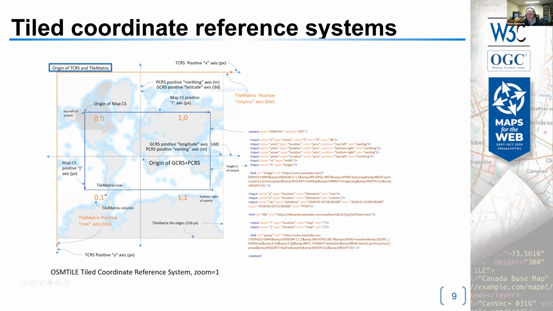These coordinate systems follow the conventions of coordinate systems in computer graphics, having their origin at the top left of the screen, with the vertical axis being positive down and the horizontal axis positive to the right of the screen. The pixel-based coordinate system is called a TCRS with axes named X and Y.